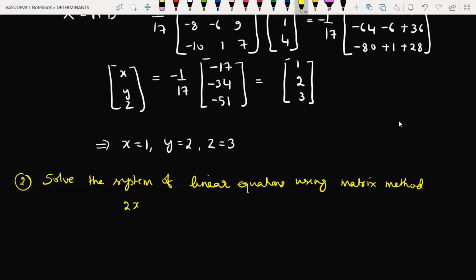So the equations are 2x plus 3y plus 3z is equal to 5, then x minus 2y plus z is equal to minus 4, and 3x minus y minus 2z is equal to 3.